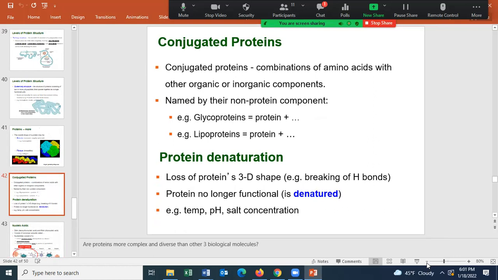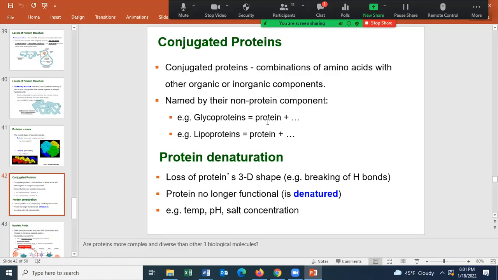Proteins are a little different than the other biological molecules, and you can get conjugated proteins. These are combinations of amino acids or proteins with other organic or inorganic components. We name these by the non-protein part, meaning a glycoprotein is a protein and carbohydrates, and a lipoprotein is a protein bound together with lipids.